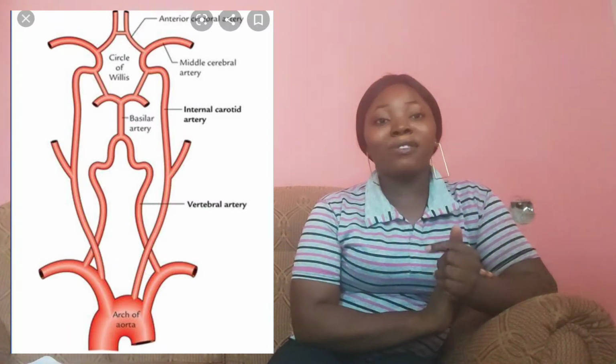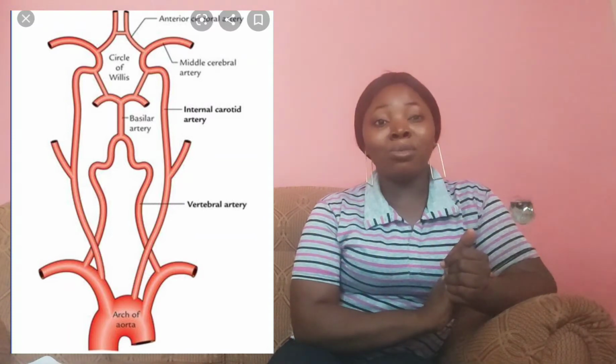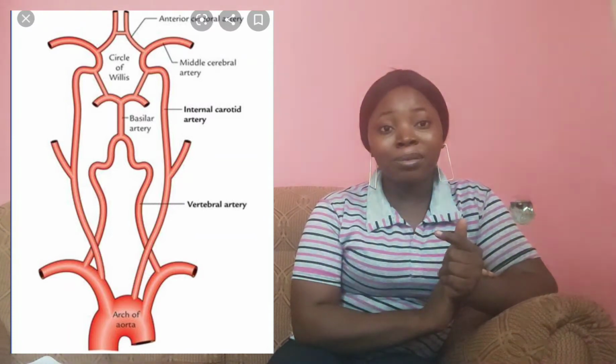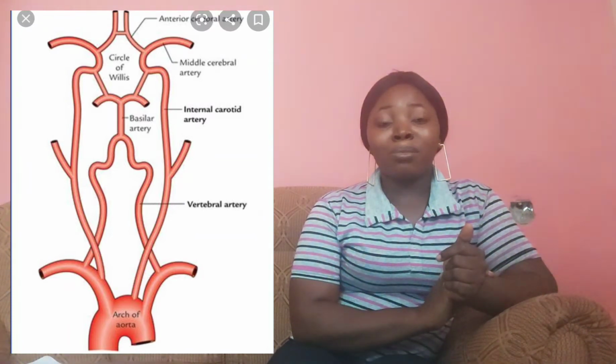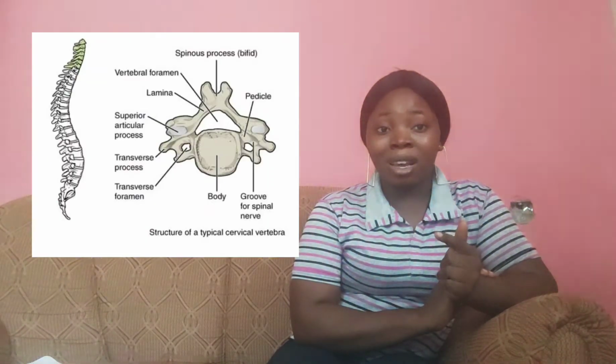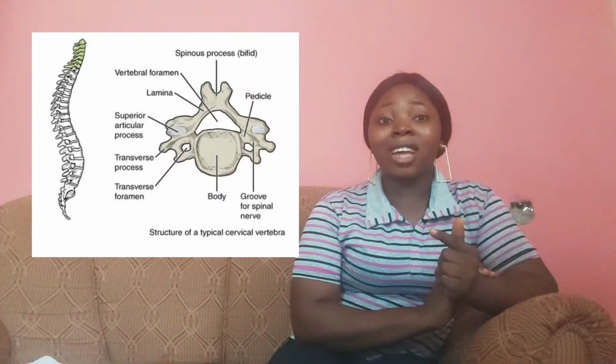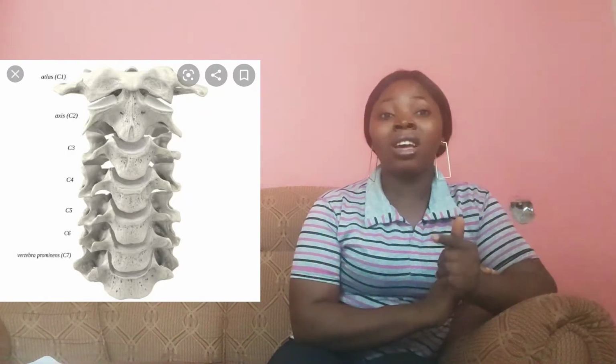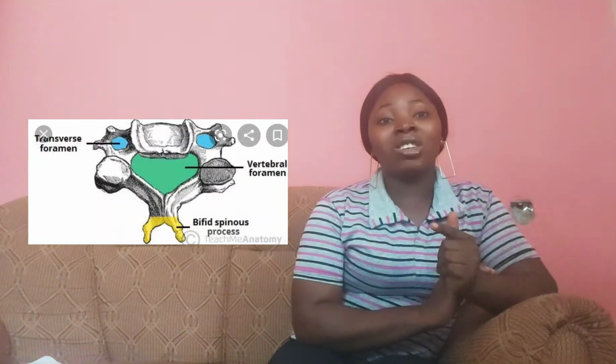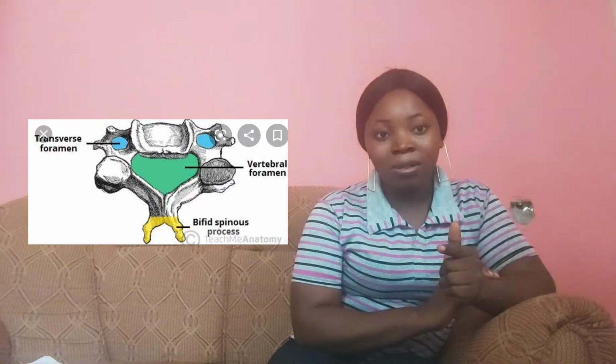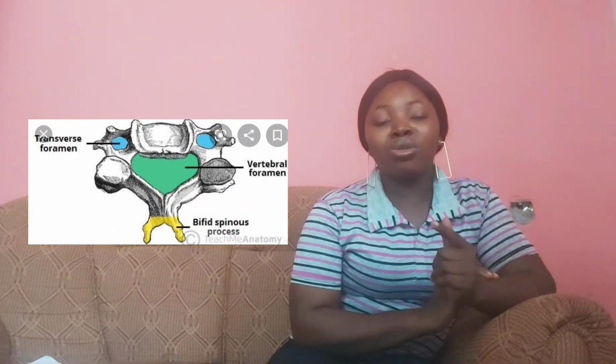So this vertebral artery then moves up along the transverse processes, and when it reaches C6 of the cervical vertebrae, the right and left vertebral arteries enter into the transverse foramen, and it continues to move.